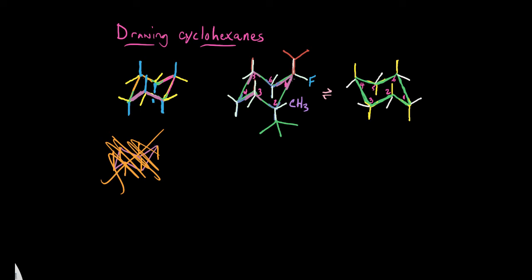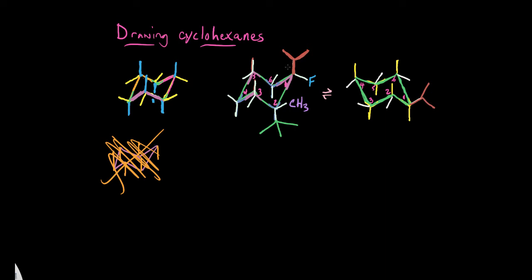So at carbon 1, this isopropyl group here, it was axial. Now it has to become equatorial. So any substituents that were axial in one chair form, when you flip the chair, they become equatorial, and vice versa. So this isopropyl group was axial, so now it must be here.